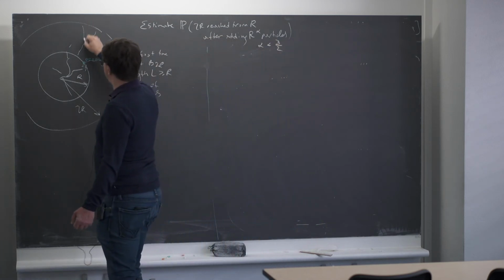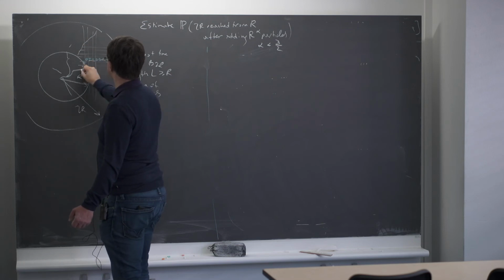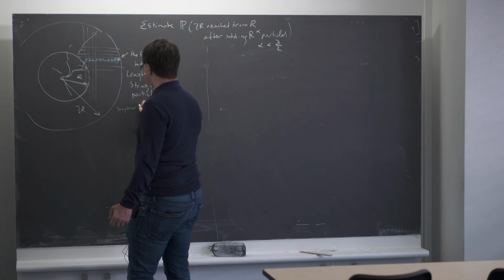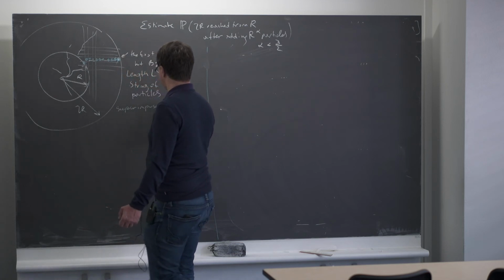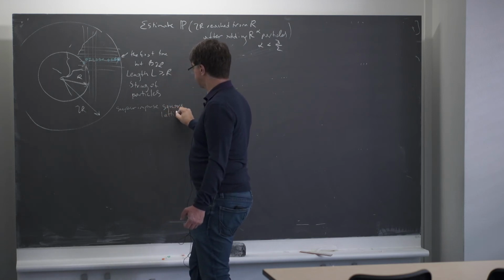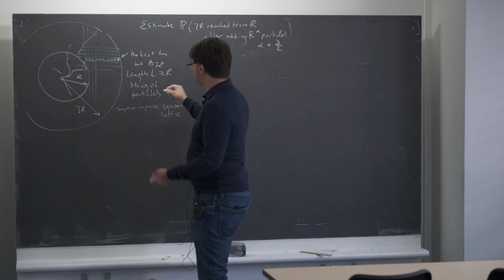Now superimpose a square lattice. So this string, let's call it gamma.